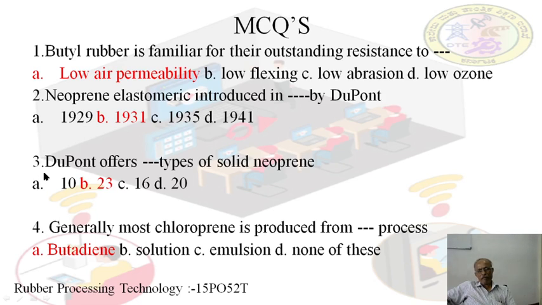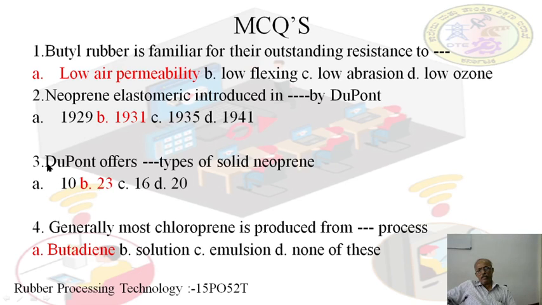Third question: DuPont offers dash types of solid neoprene. Option A, 10; B, 23; C, 16; D, 20.